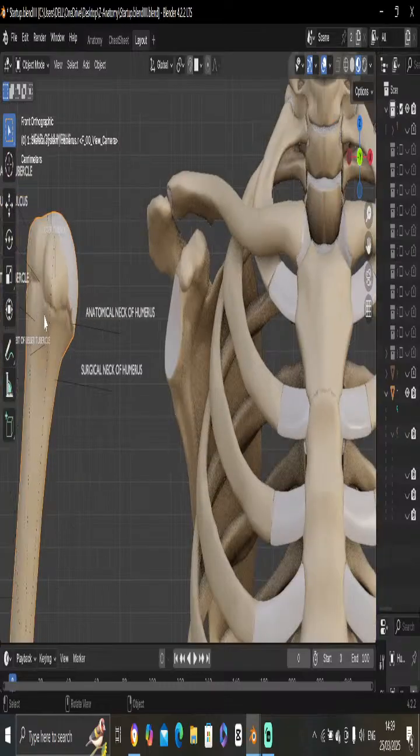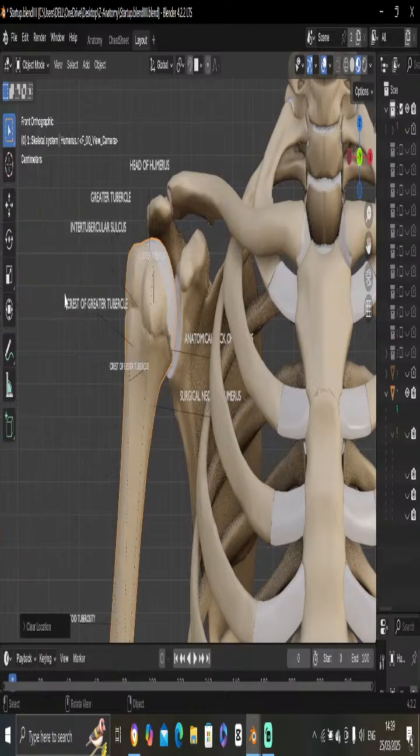So let me bring it back to its anatomical position so we can see. This is one of the projections, and it is smaller than this projection. So this is known as the lesser tubercle or the lesser tuberosity, while this more prominent one is known as the greater tubercle or the greater tuberosity.